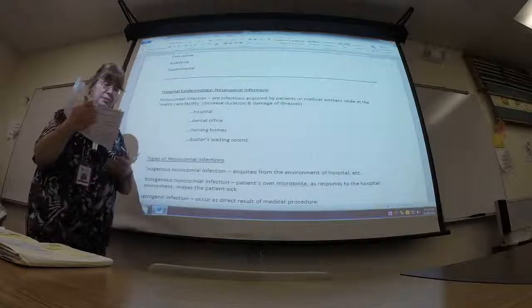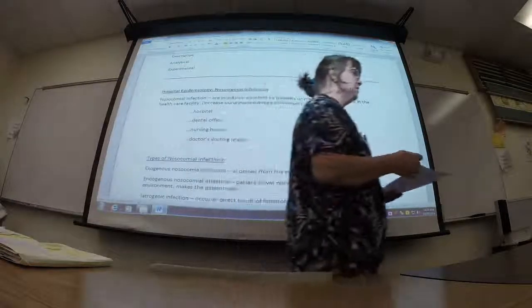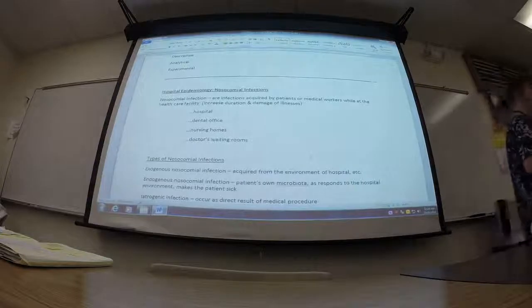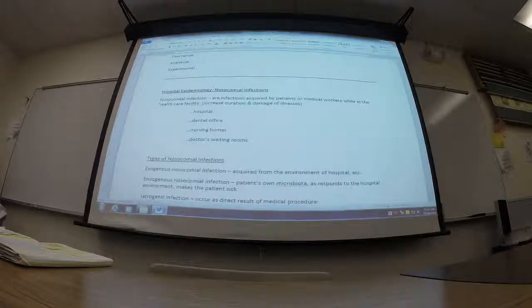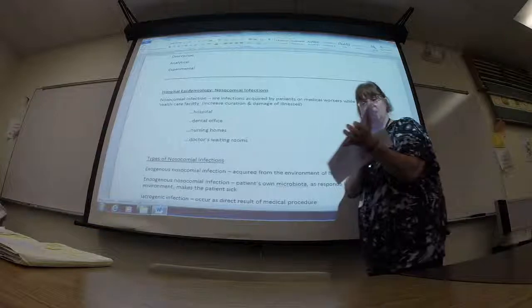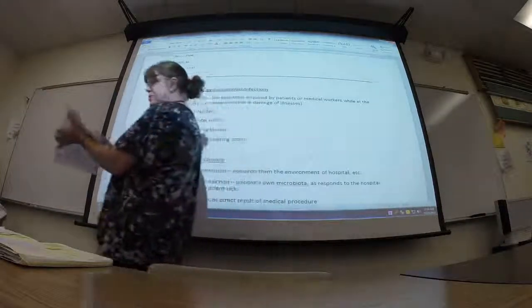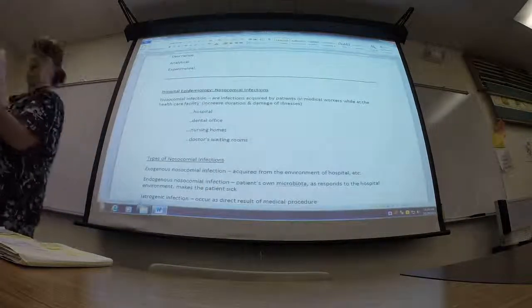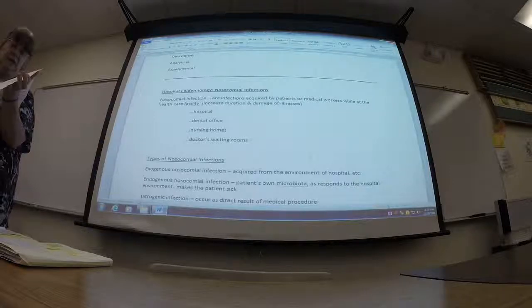You also secrete a lot of antimicrobial compounds. The one right here says defensins under number 1. That's just defense with INS on it. The next one down, number 2, is dermcidins.